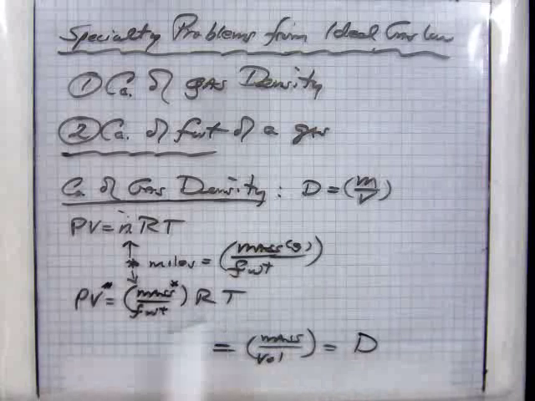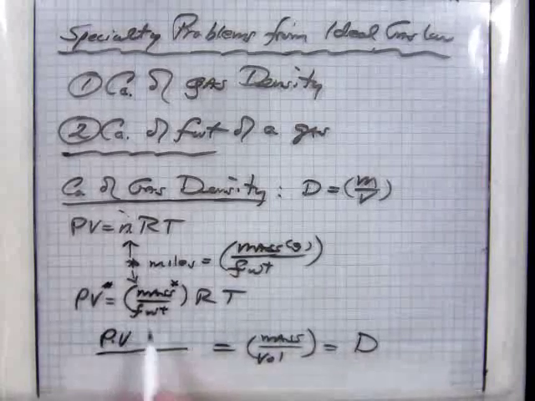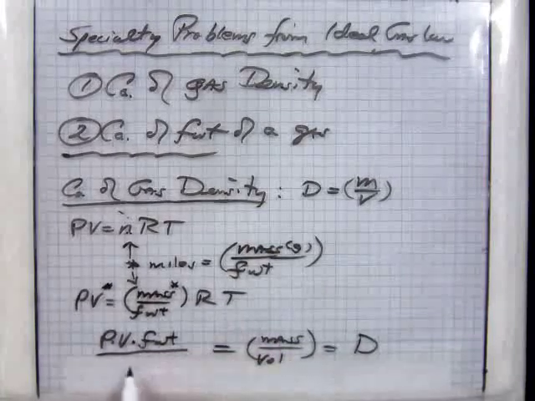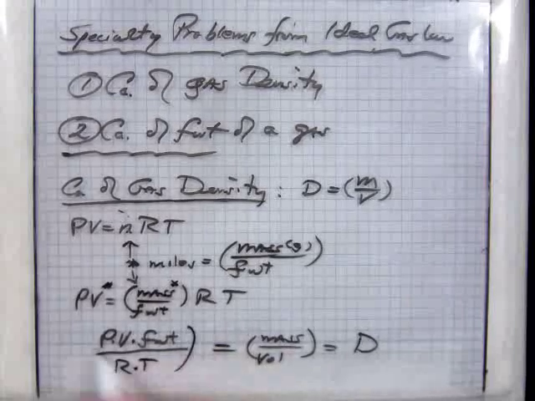Okay, so I have PV over here already. And so multiply both sides by formula weight and divide by R and T. And so there's your formula.